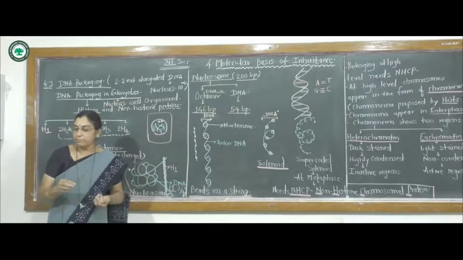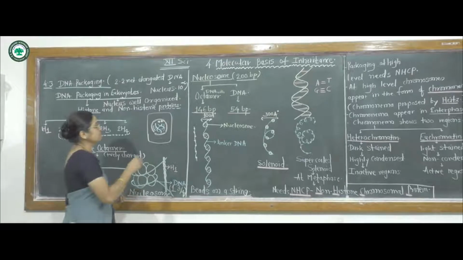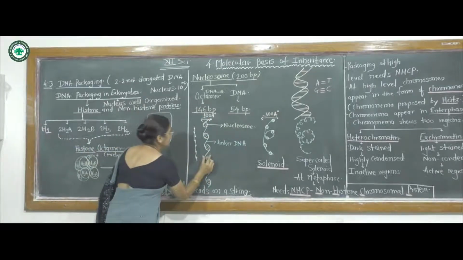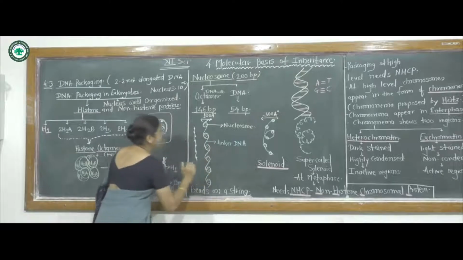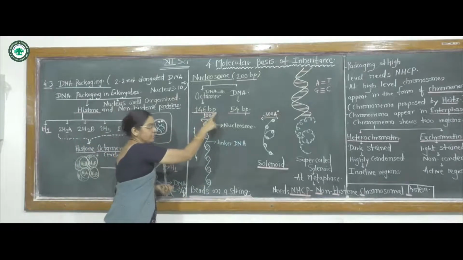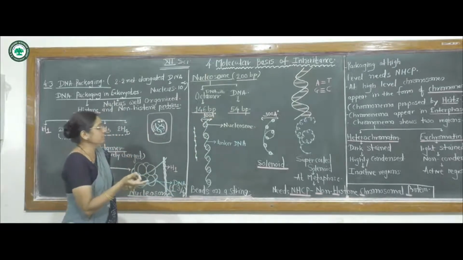The important specification here is that the diameter of the beaded chain like structure is 100 angstrom units, that means 10 nm.